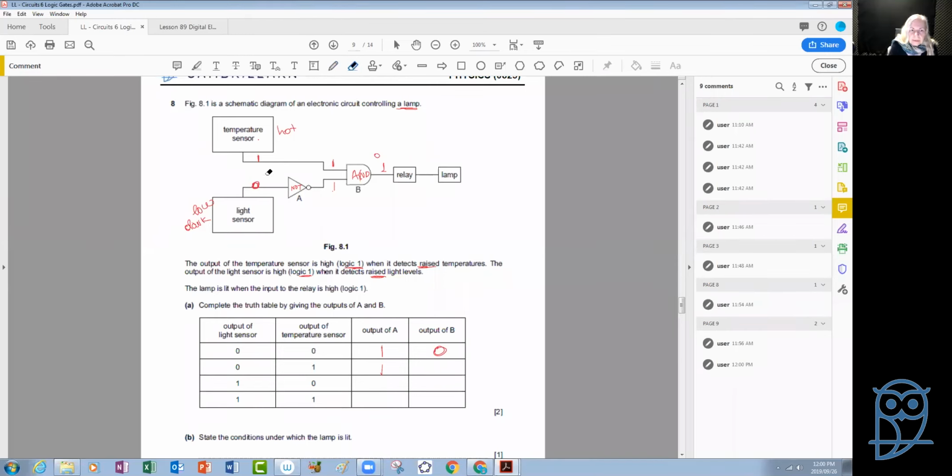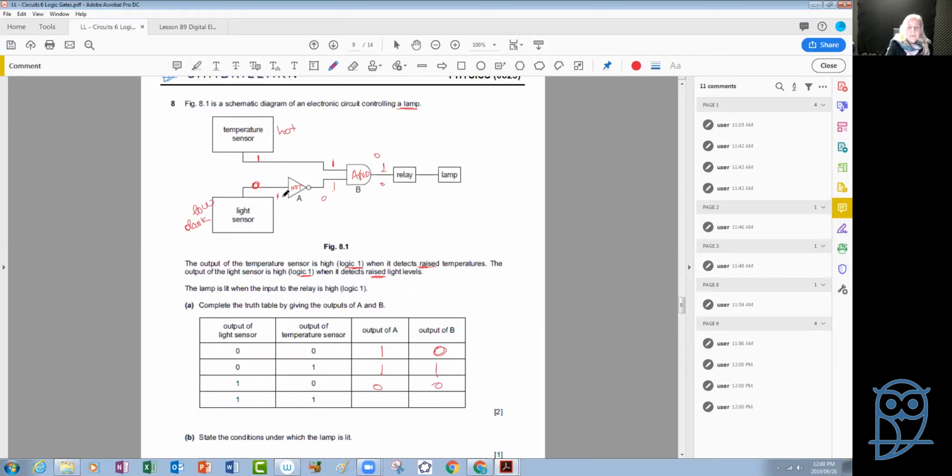If this is 0 and this is 1, this will be 1, and this will also be 1. If the light is 1, which means very high light, then this will be 0, and then this will also be 0. So that will be 0, 0.